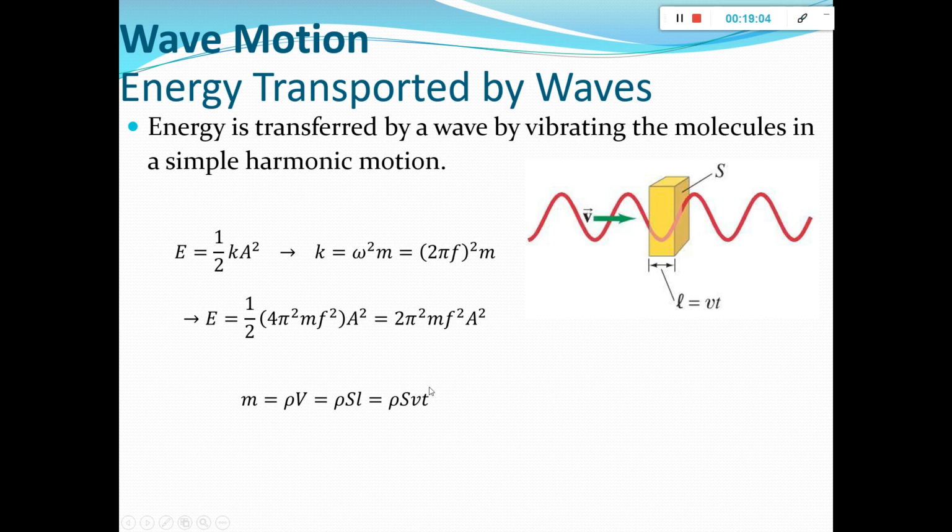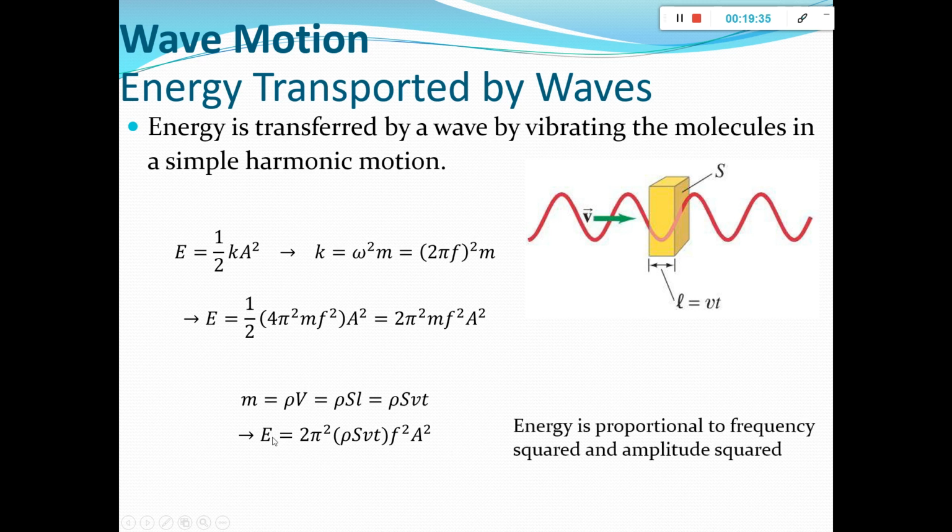So the volume will end up being the cross-sectional area and the length. The length can be replaced with v t, so it's relating to the speed of the wave. We're using S as the surface area. Normally we would use A, but we don't want to confuse it with amplitude. Again, taking this and plugging it back in for m, we end up getting this equation.